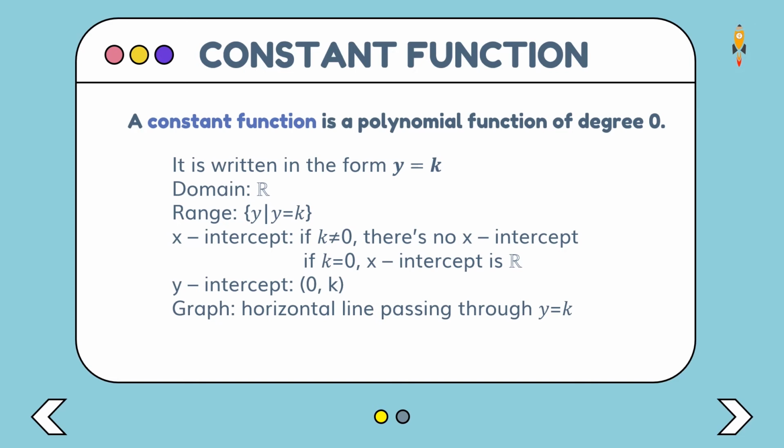X-intercept. If k is not equal to 0, there is no x-intercept. But if k is equal to 0, x-intercept is R. Y-intercept: (0, k). Graph: horizontal line passing through y is equal to k.